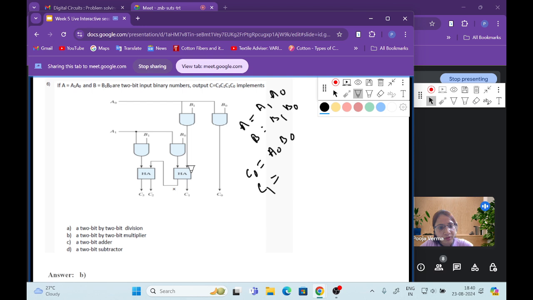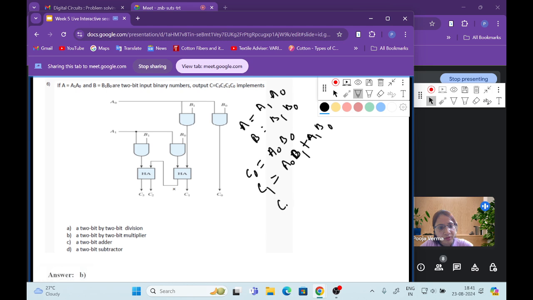C1, from the half adder, we can get: the first one is A0 B1. Already we know that a half adder adds two bit numbers, A0 B1, and the next input is A1 B0, so plus A1 B0, and the carry of the first half adder moves to the next half adder.